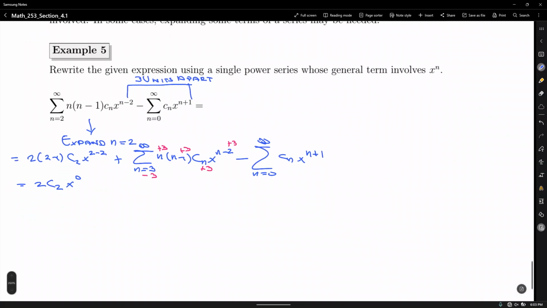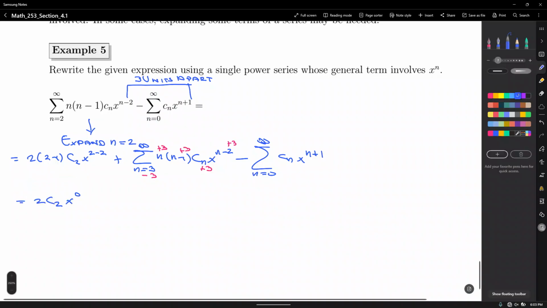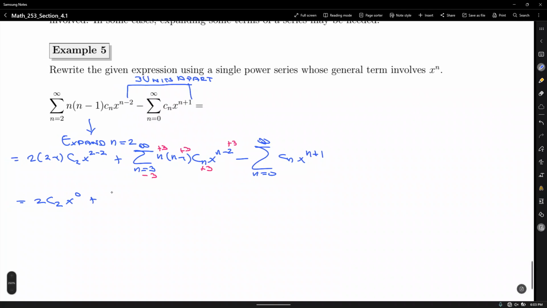Okay, so this would be plus sigma n equals 0 to infinity of c sub n plus 3, with n plus 3 times n plus 2, minus sigma n equals 0 to infinity of c sub n x to the n plus 1.